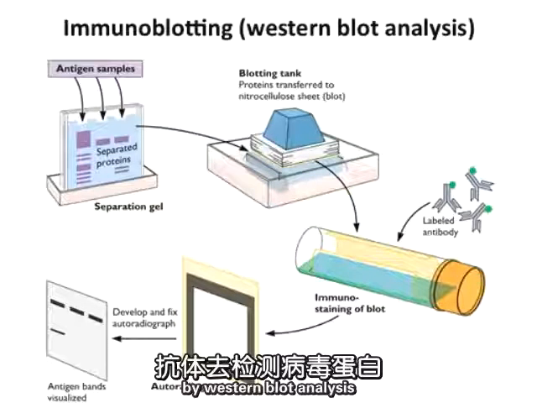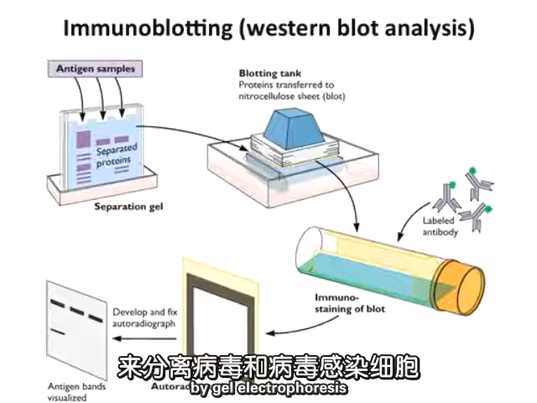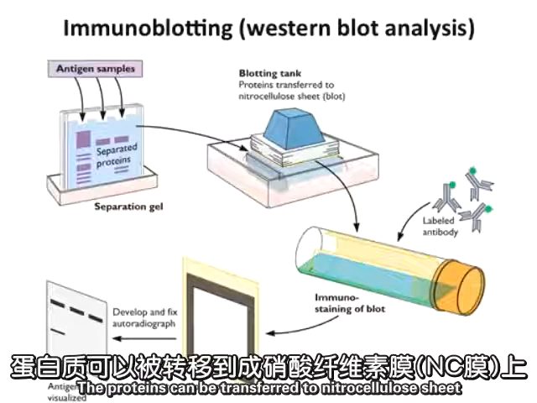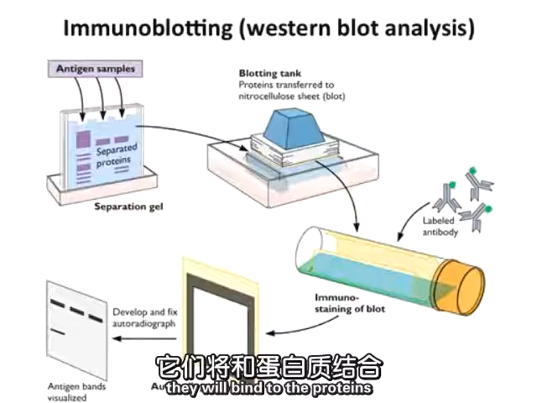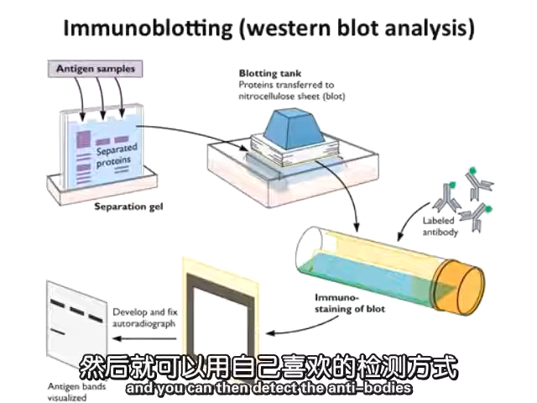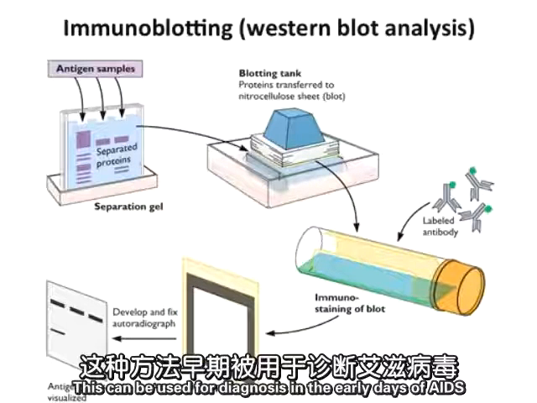And by Western blot analysis, you fractionate, say, viruses or virus-infected cells by gel electrophoresis. The proteins can be transferred to a nitrocellulose sheet, and then if you add the antibodies to that sheet, they will bind to the proteins, and you can then detect the antibodies by your favorite detection methods. This can be used for diagnosis.